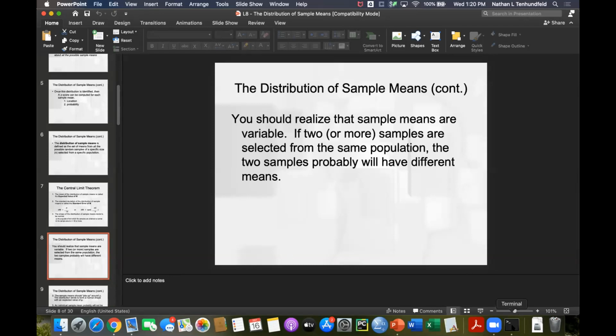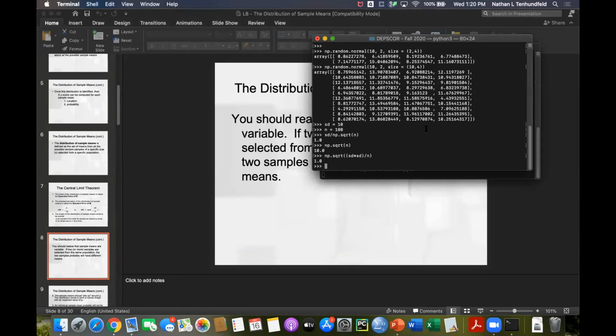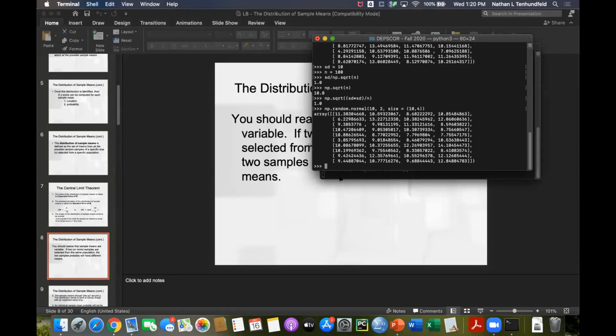And so to illustrate that, don't worry about how I am doing this here. But what I've done is told Python here to take a sample from a population whose mean is 10 and whose standard deviation is 2. And I've told it to just give me 40 samples, right? And you can see how variable these samples are, right?